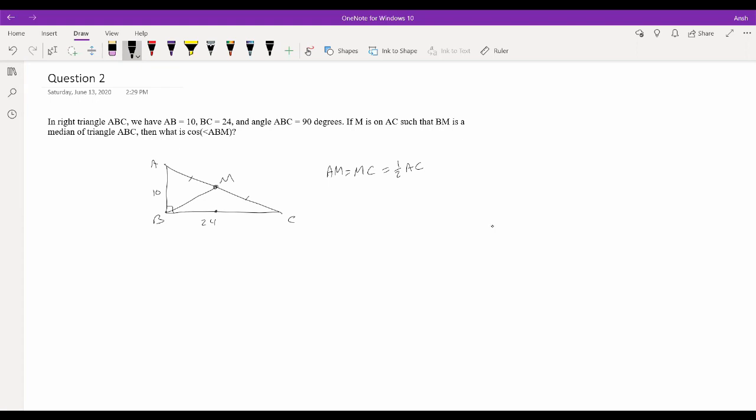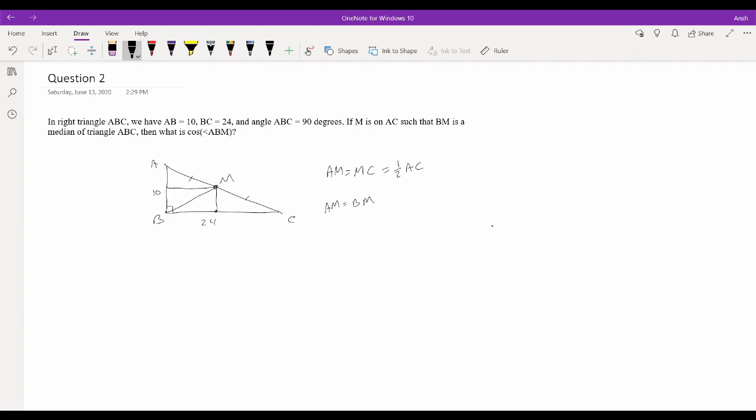And we can see this more clearly if we split up ABC into 4 smaller triangles. If we draw a perpendicular from M to AB and BC, you can see that we now have 4 right triangles that are all similar to ABC, which means they're all congruent to each other since they have equal area. So by congruency, AM equals BM.